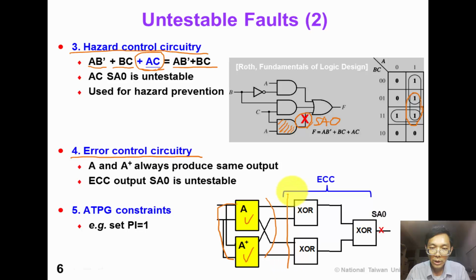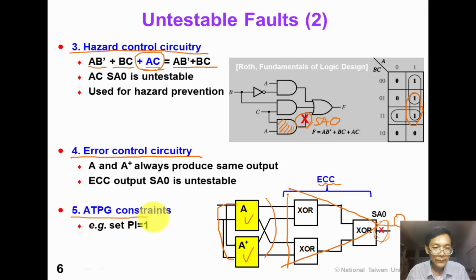After a tree of exclusive OR gates, which is error control circuitry, ECC, the output is always 0 if there is no fault. So, output stuck at 0 fault at the ECC circuit is untestable.